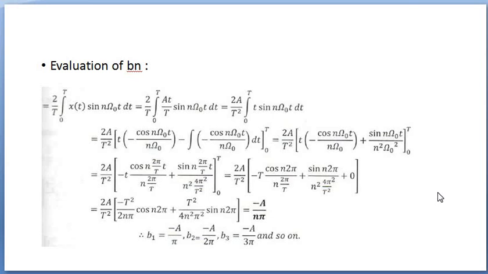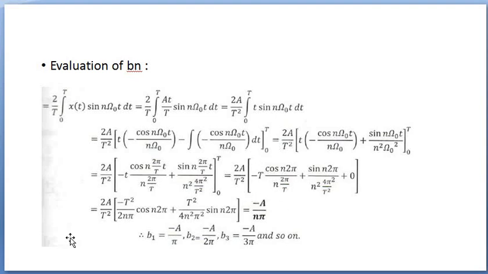So cos n 2 pi by n 2 pi by T, sin n 2 pi by n square 4 pi square by T square. If we substitute t value as 0 here, the entire term is 0, sin 0 is 0, so that term gets cancelled. That is represented by plus 0. Now this denominator T goes to the numerator.